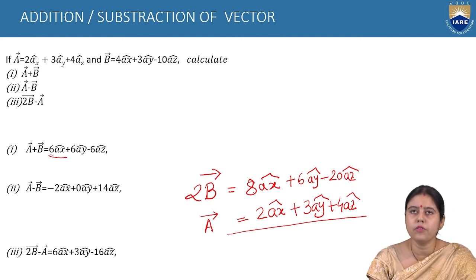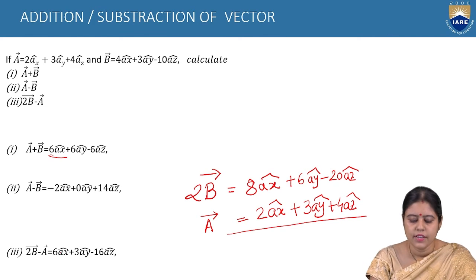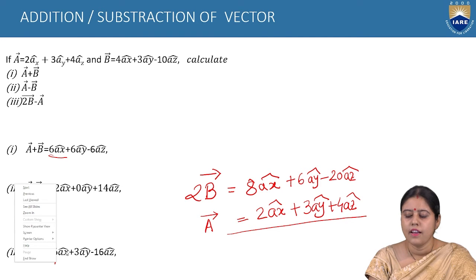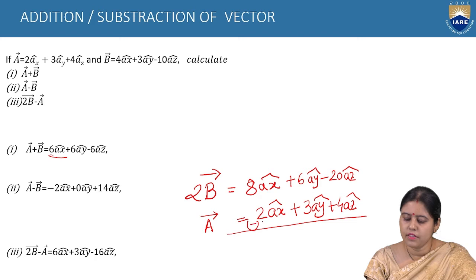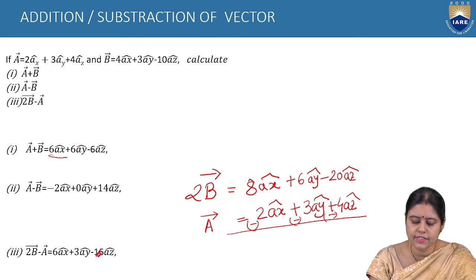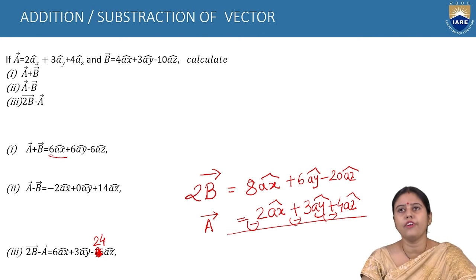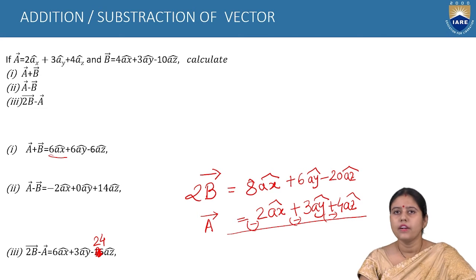So what will be the value? 8 minus 2 means 6AX plus 3AY minus, this answer is wrong. It will be minus 24AZ. Clear?